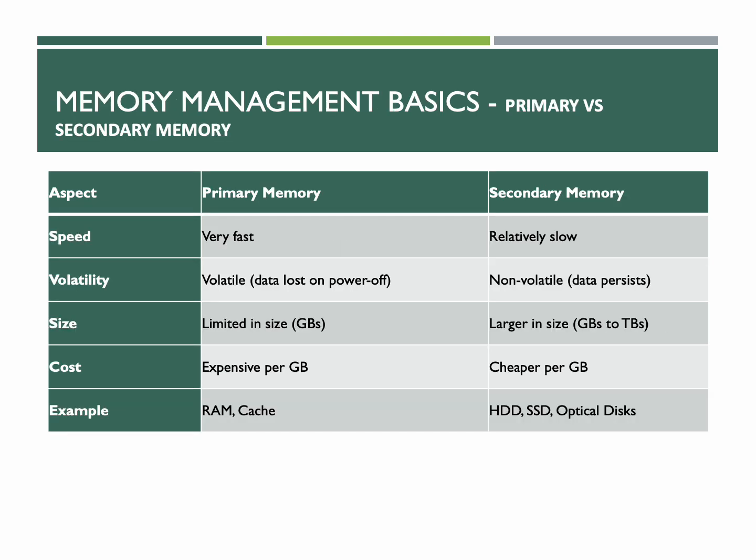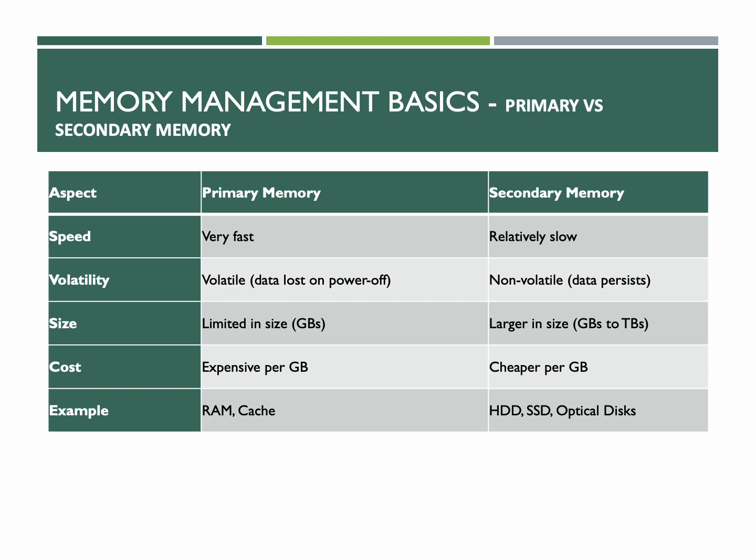Memory management is a critical function of an operating system, and understanding the differences between primary and secondary memory helps clarify how data is stored and accessed in a computer system. So first, if we look at the speed, primary memory such as RAM and cache is extremely fast.